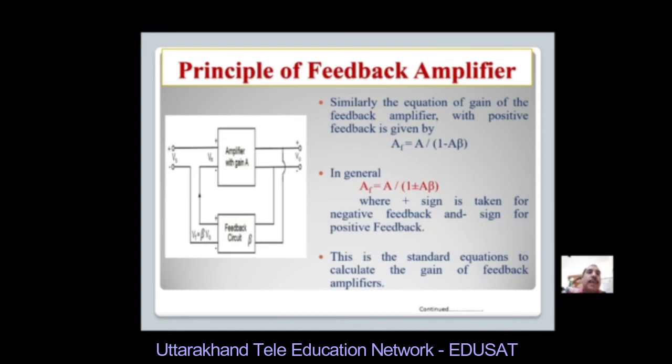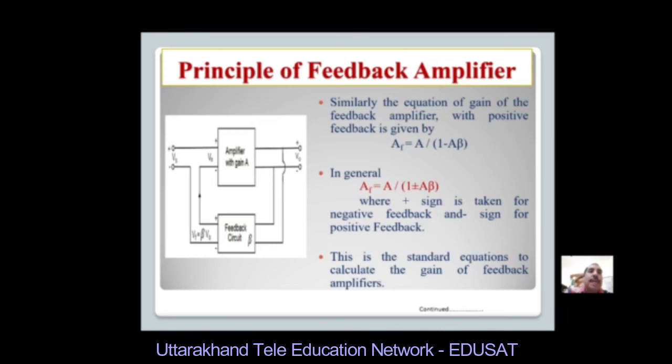Similarly, if we consider the positive feedback in place of the negative feedback, the only change is with the sign. The remaining mathematical process is the same, and we can calculate that the gain of the feedback amplifier with positive feedback is given by AF equal to A upon 1 minus A beta.